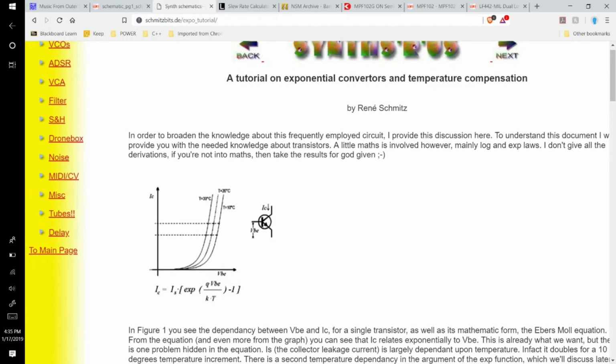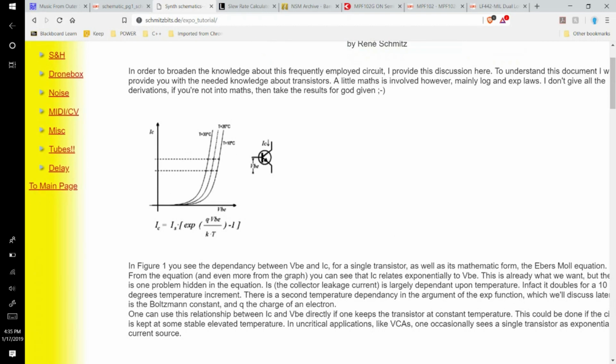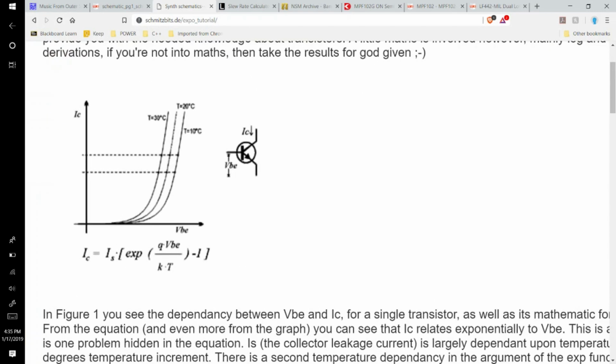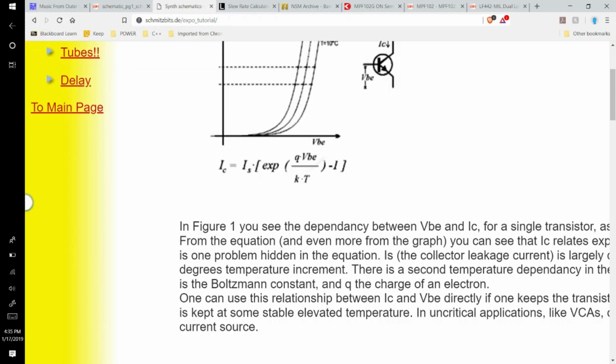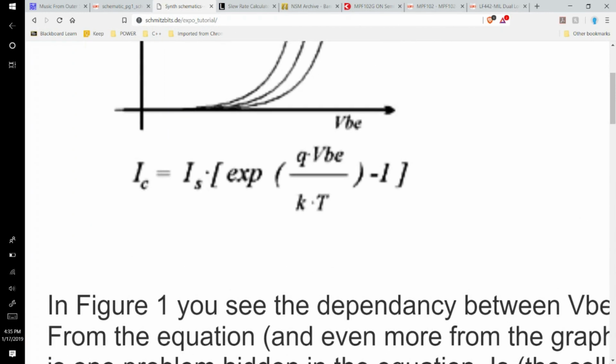Okay, so we're talking about linear to exponential converter. Here you can see that using a regular BJT, we can already get this exponential relationship. So if you change your V at the base, you get an exponential change in the current through the BJT.